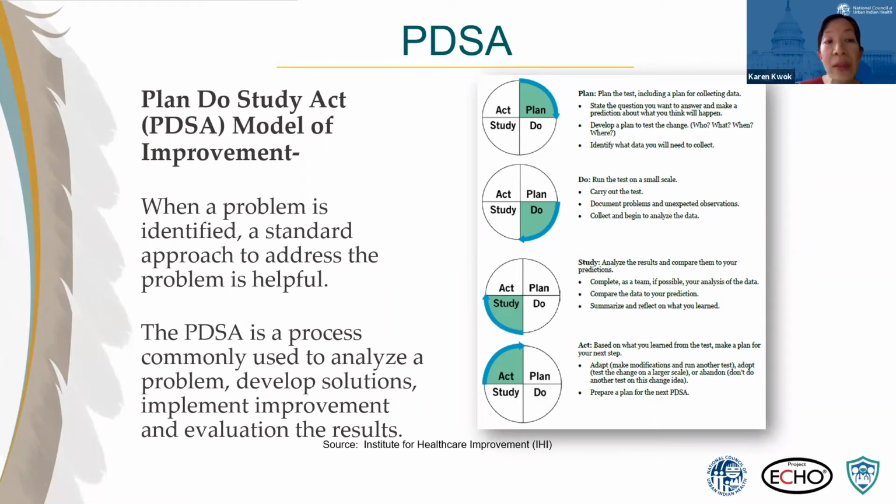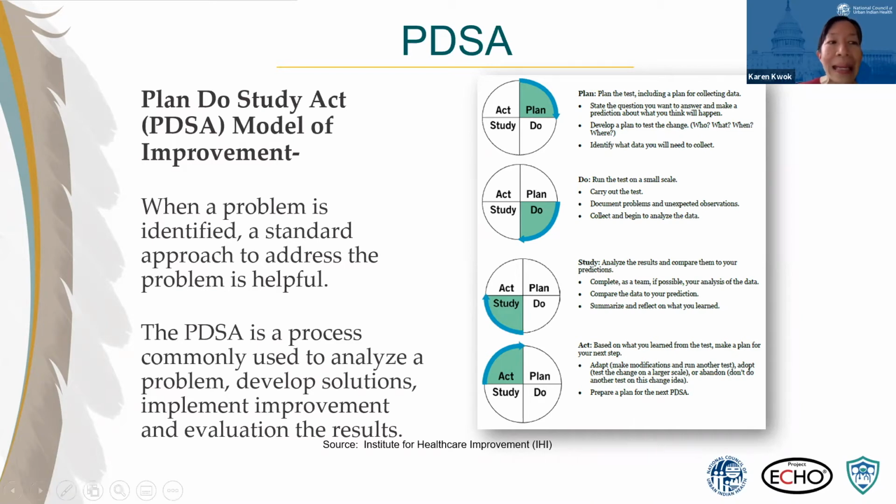Now, with the PDSA tool in quality improvement, I want you to note here the specific steps to utilizing the tool. This same tool will be used actually in your case study that will be coming up shortly.